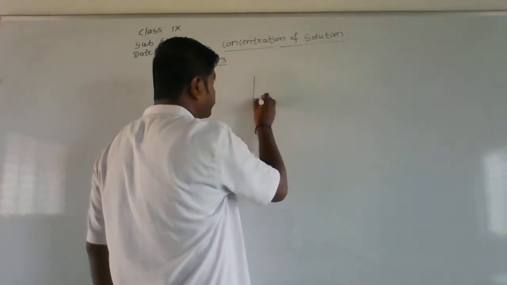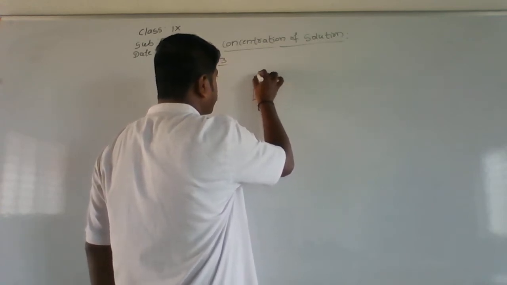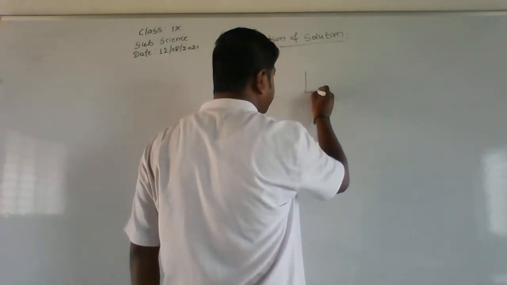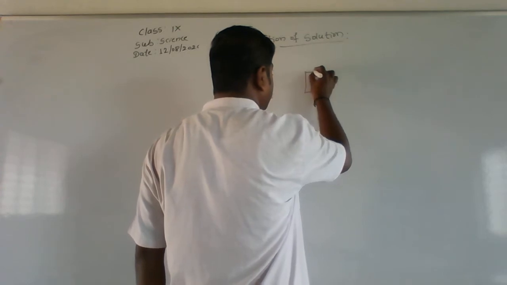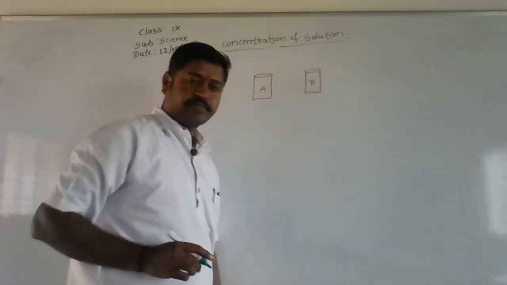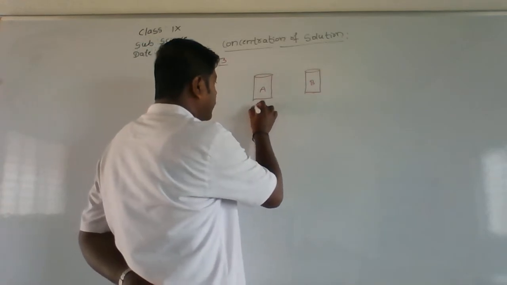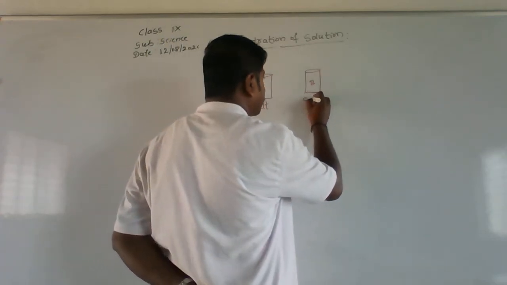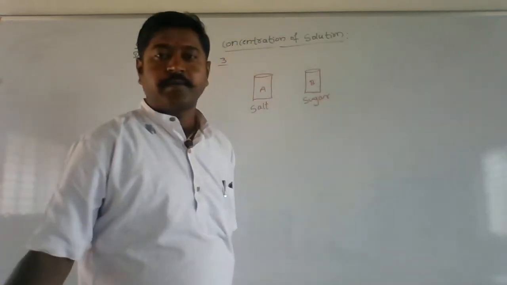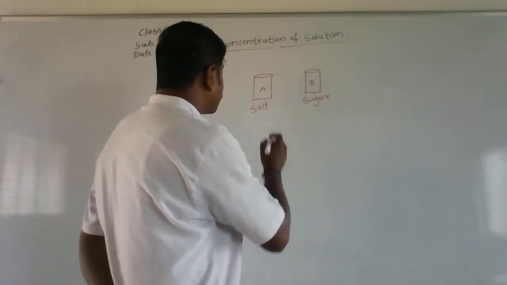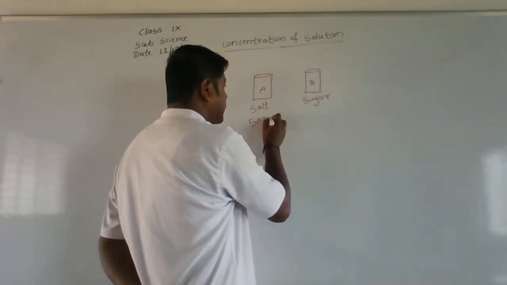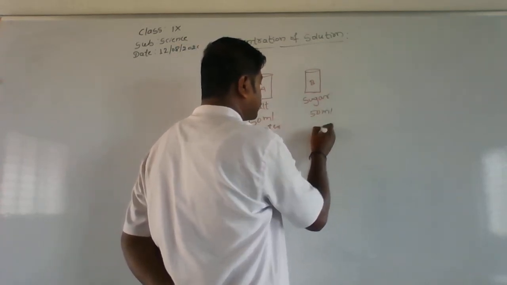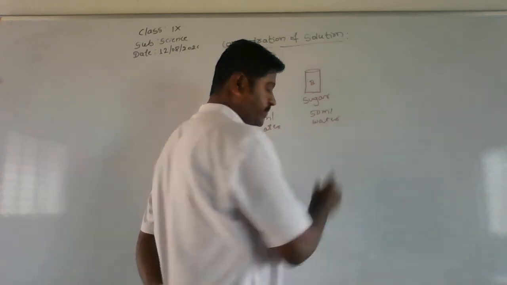We'll take one beaker and name it beaker A. We'll take another beaker and name it beaker B. Then we will add salt in beaker A and sugar in beaker B. To this salt, we will add 50 ml water. And for the sugar in beaker B, we will add the same 50 ml water.